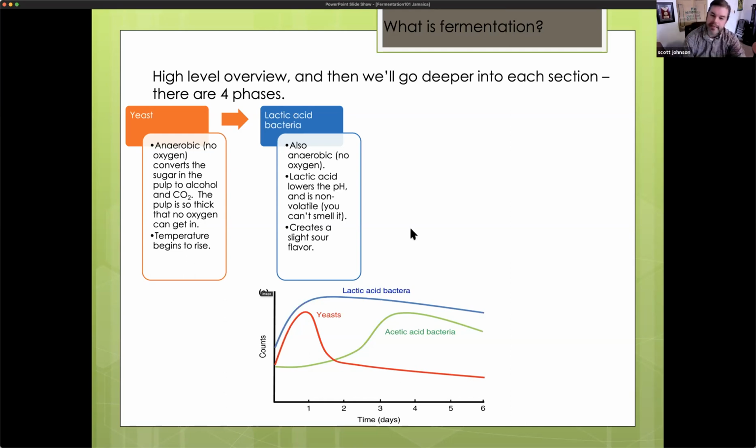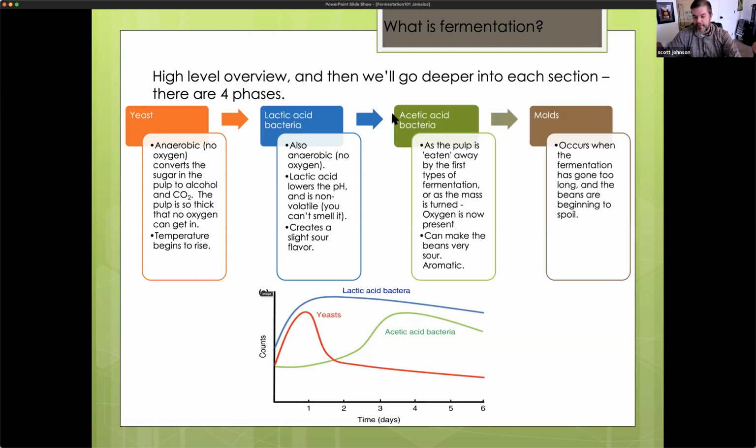Now, lactic acid is a really, really weak acid that is going to taste just a little bit sour. It usually is difficult to taste in chocolate because it's not really all that sour. But if this goes haywire, you can generate enough of it where it will start to create sour flavors that you don't really want. That's almost never going to happen.